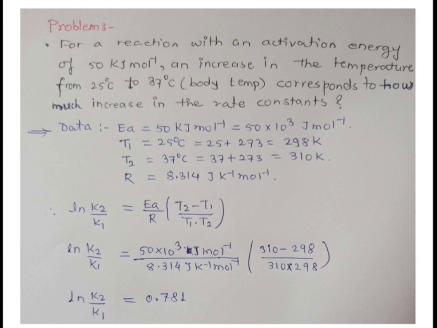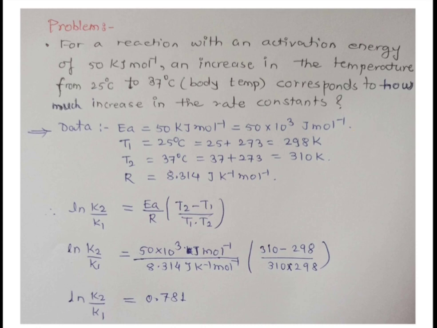So we want to find K2 upon K1. You can write the given values first. The energy of activation is given as 50 kilojoule per mole. You can convert it into joule per mole. It will be 50 into 10 raised to plus 3 joule per mole.